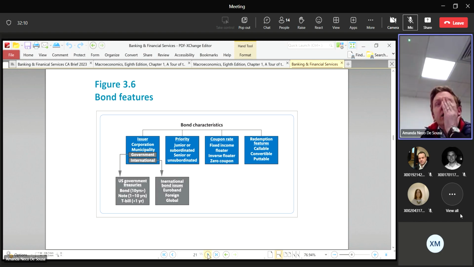Okay, so then looking at another concept we touched on in this chapter, bond features. Large companies can also raise funds in the capital markets by issuing debt instruments known as bonds. So again, what is a bond? A bond represents a promise by a borrower, either a government or a corporate, to repay a lender the amount borrowed, along with an annual interest or coupon in regular installments. The most important feature relating to a bond is the credit quality of the issuer.